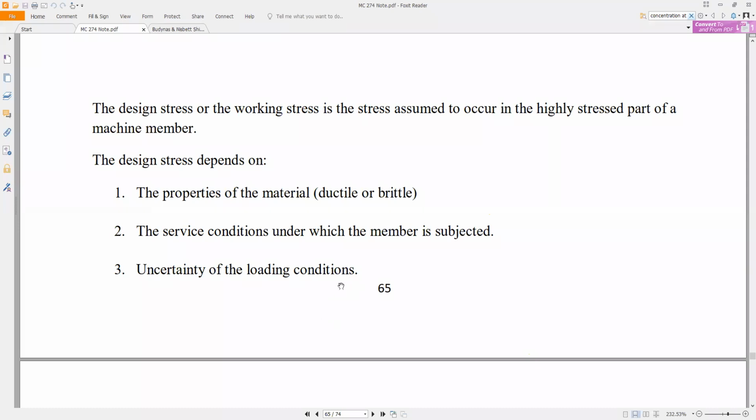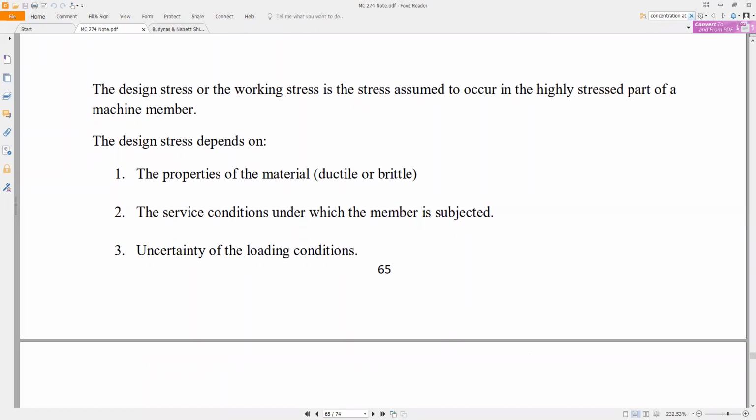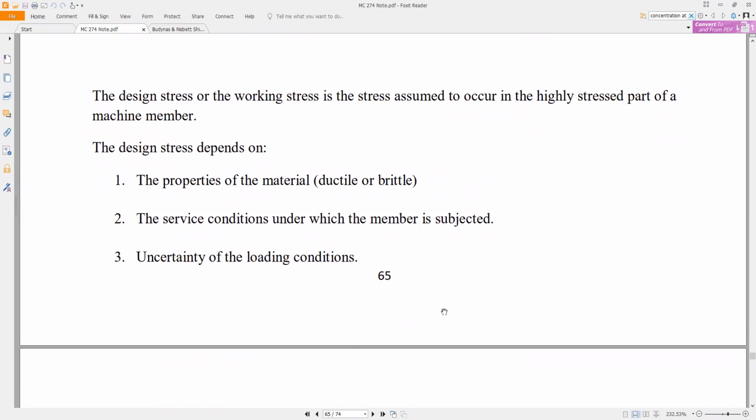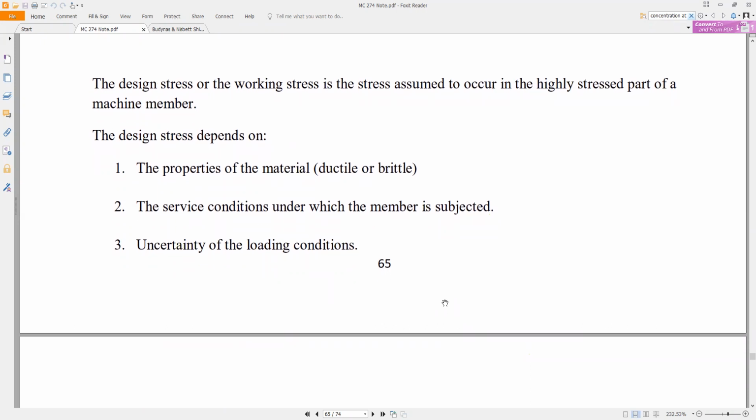The properties of the material, whether the material is brittle or ductile. So the design stress depends on the properties of the material, and also the service conditions to which the member is subjected. So it depends on how the member is going to operate.